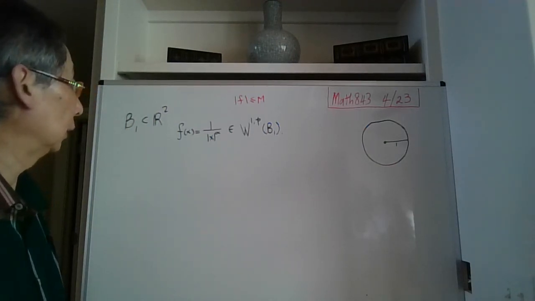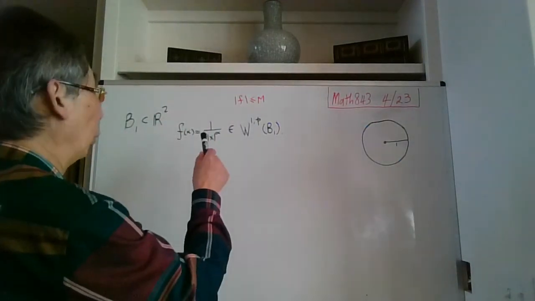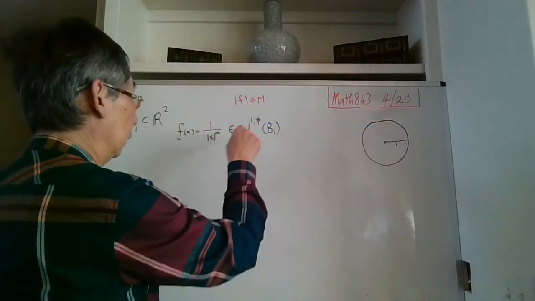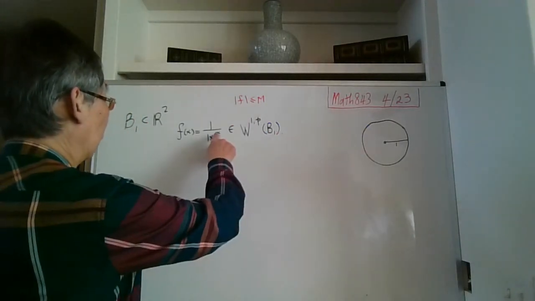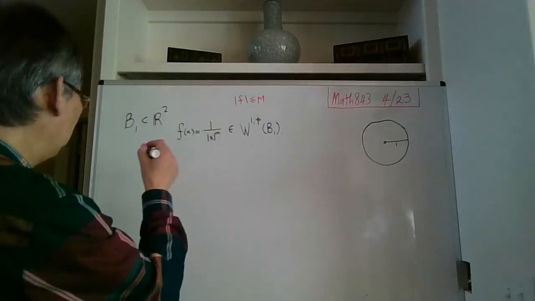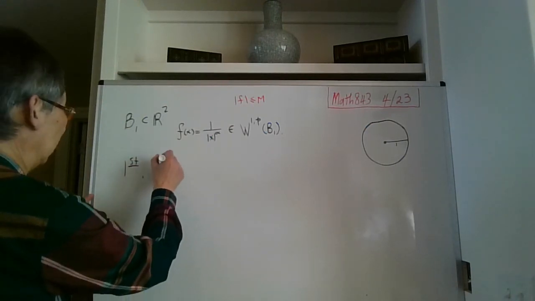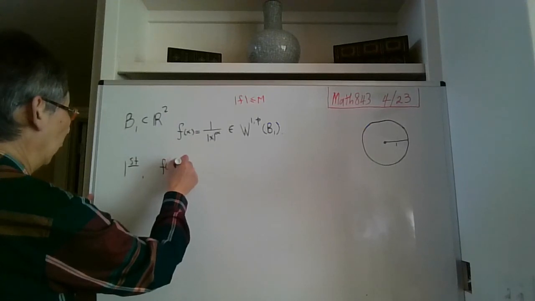But first, we want to know how we tell whether this function is in this space. What is the restriction on alpha here? First we want to answer a more elementary question.